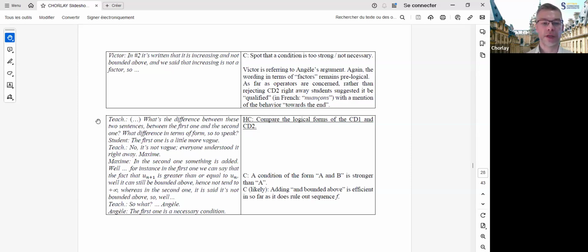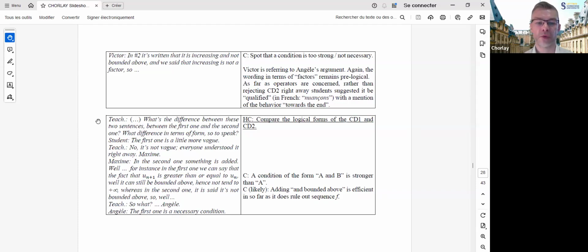So teacher again, what's the difference between these two sentences, between the first one and the second one? What differences in terms of form, so to speak? Oh, the first one's a little more vague. No, it's not vague. Everyone understood it right away. In the second one, something is added.